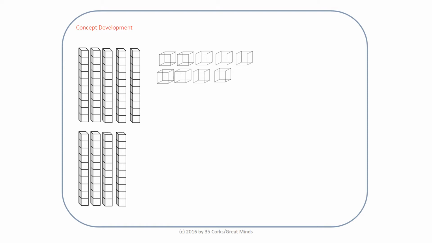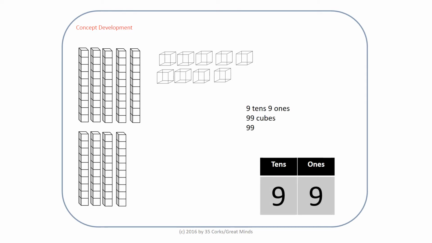So 9 tens, 9 ones. So how many cubes do you see in all? 99 cubes. How many ones would that be? 99 ones. So just like we said, 9 tens, 9 ones, which would be 99 cubes, or just 99. We have 9 tens, 9 ones in our place value chart.